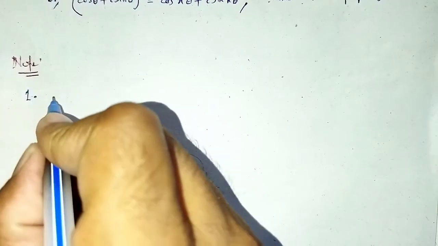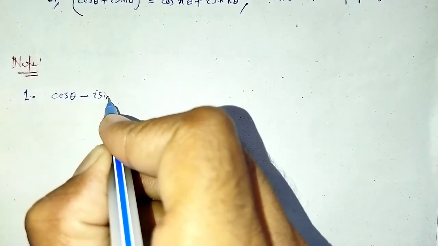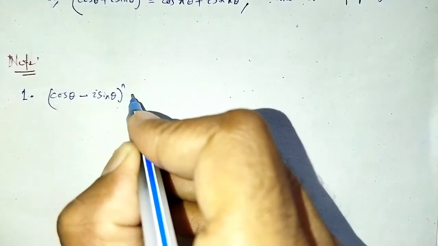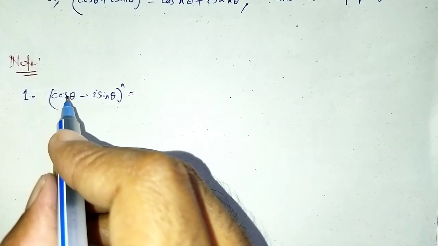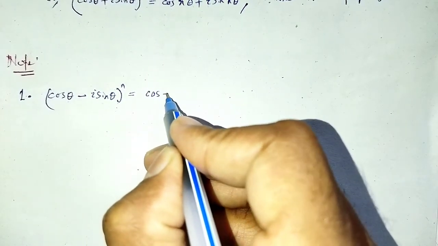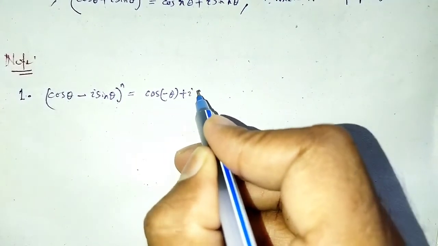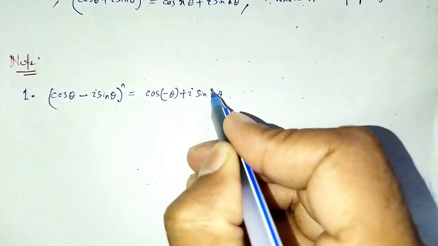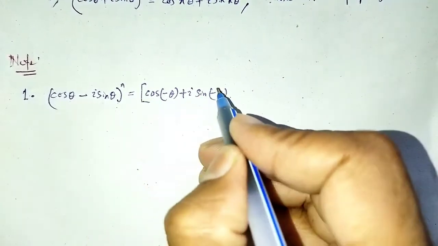Note you have to remember, when (cos theta minus i sin theta) to the power n, now we introduce the negative angle, so that can be written as (cos of minus theta plus i sin of minus theta) to the power n, as sin of minus theta is equal to minus sin theta.